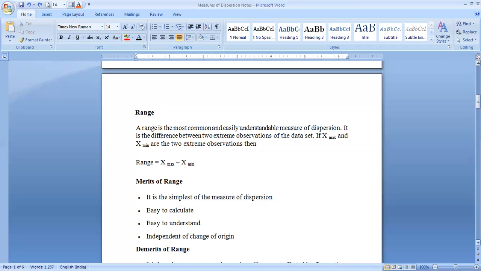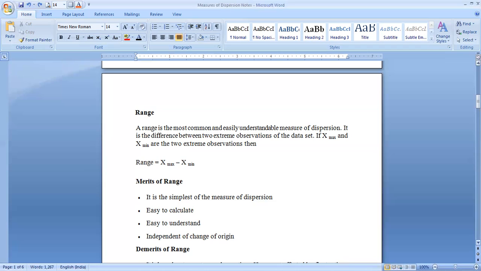So this is the part of the range, and we have some merits and demerits of range. First we discuss the merits of range, how it is useful. It is the simplest of the measures of dispersion. It is easy to calculate, easy to understand, and independent of change of origin.